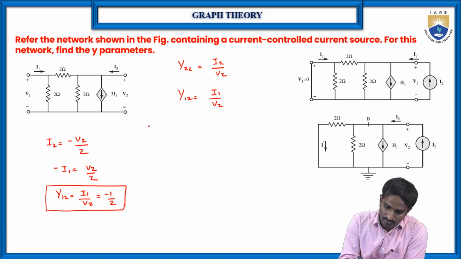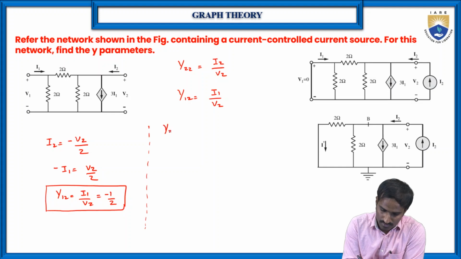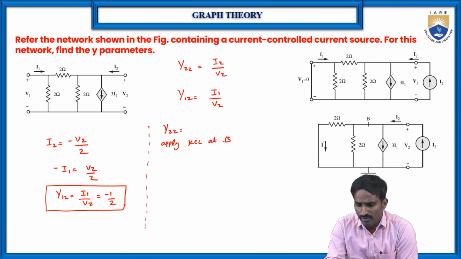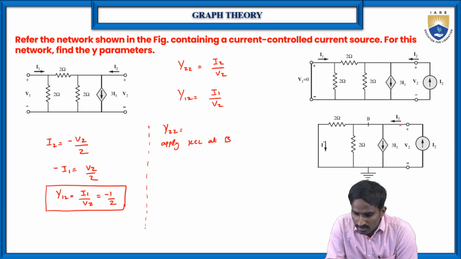Then similarly, if you want to find the other one, which is Y22, then again apply KCL at B. If you apply KCL at B, here I2 is entering, and of course 3 I1 is leaving.